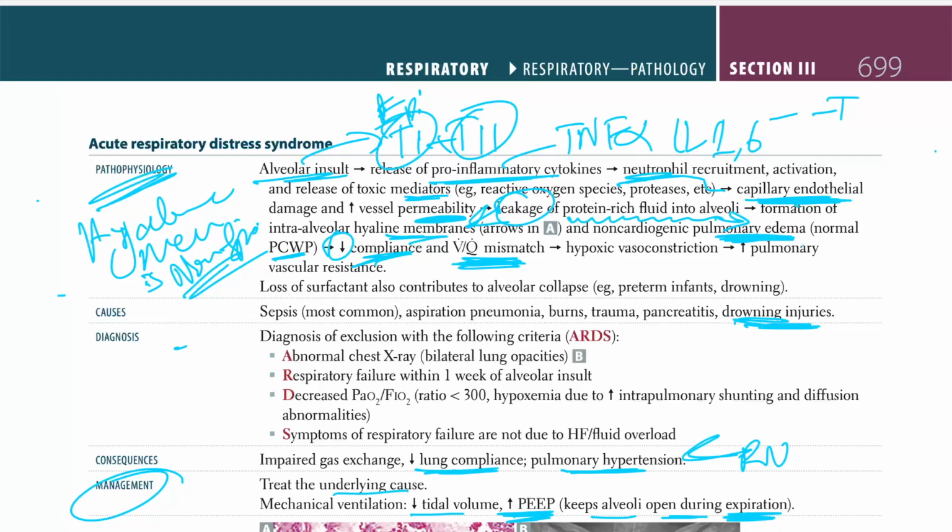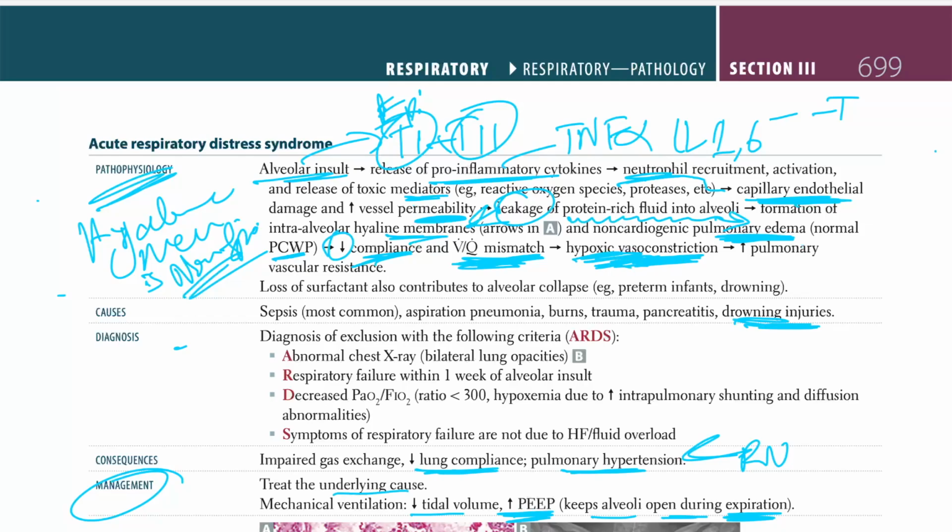And when you have the VQ mismatch in your lungs, you're going to have hypoxic vasoconstriction. Whenever you cannot get oxygen within the pulmonary vasculature, the vessels will go into vasoconstriction.